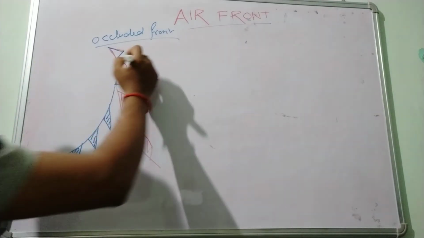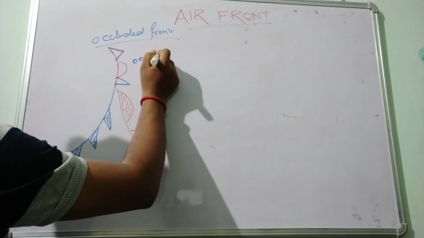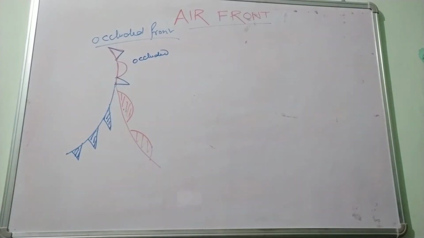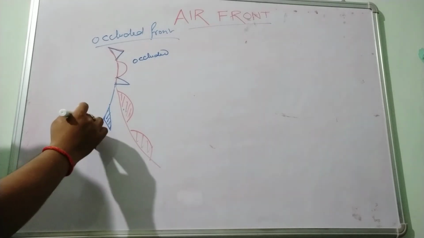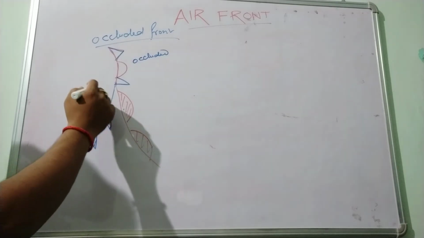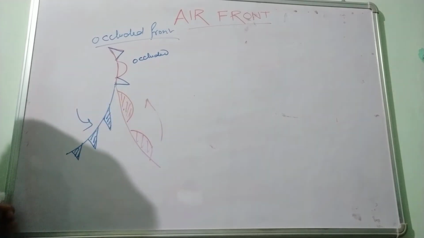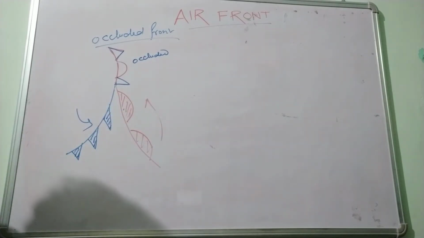This is called the occluded front, shown in purple, with alternate triangles and semicircles pointing in the direction the front is moving. There is a cold front, and the warm front has moved.